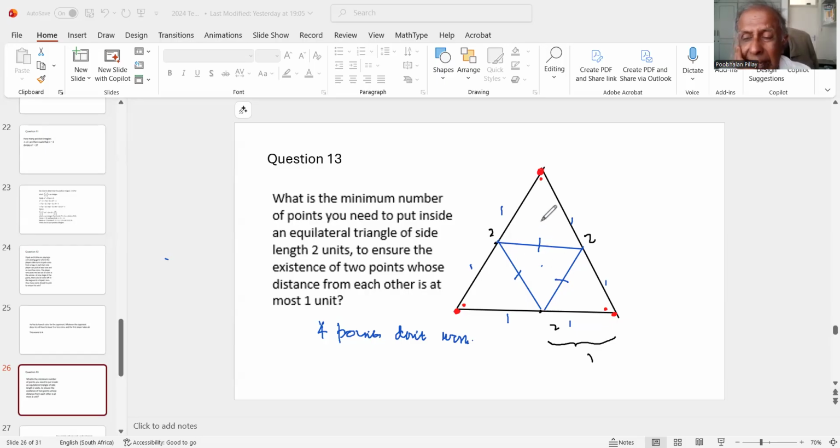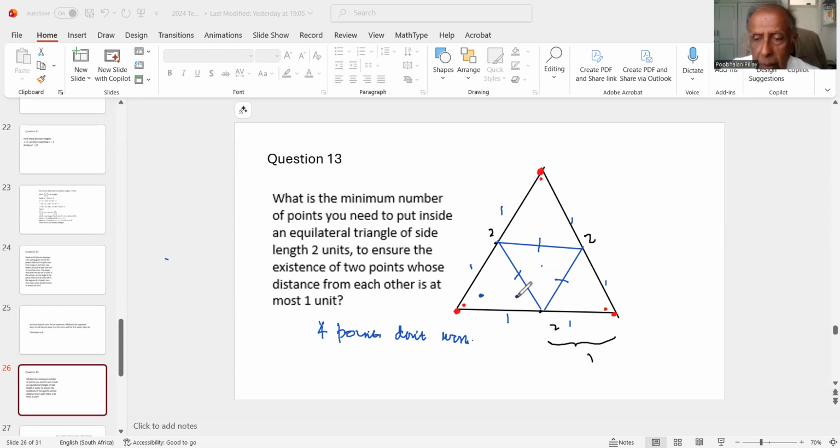Now, if I look for 5 points, you only got four triangles. You have to have two of those points in the same triangle. That's important. You got 4 triangles, then you got 5 points, and two of those points will have to be in the same triangle. We don't know which triangle, but there will be 2 points in the same triangle.